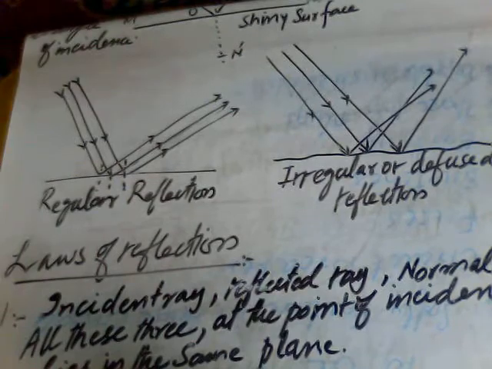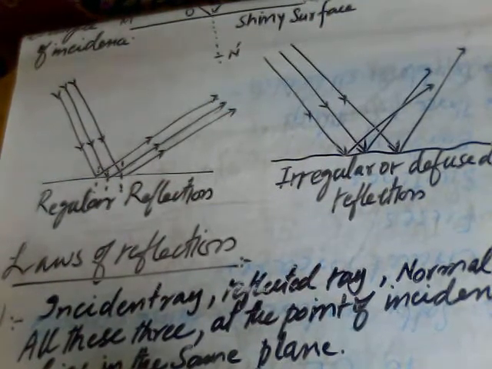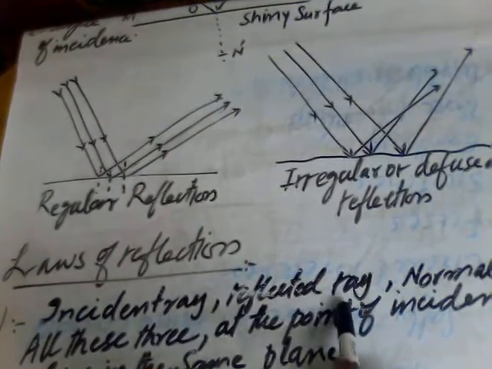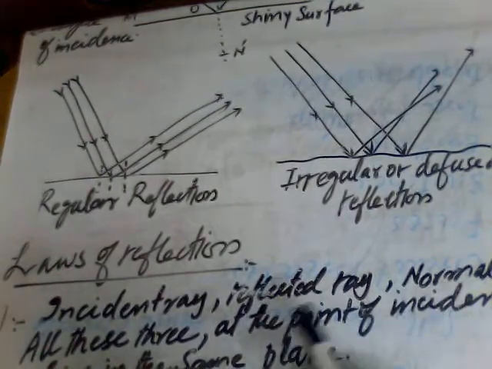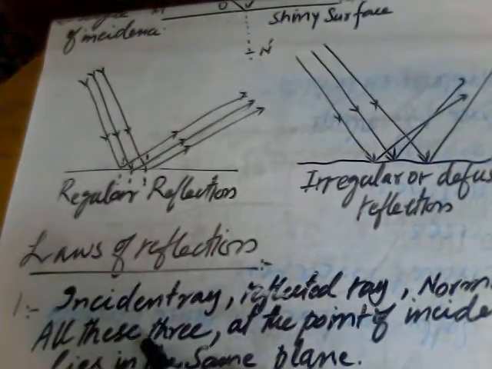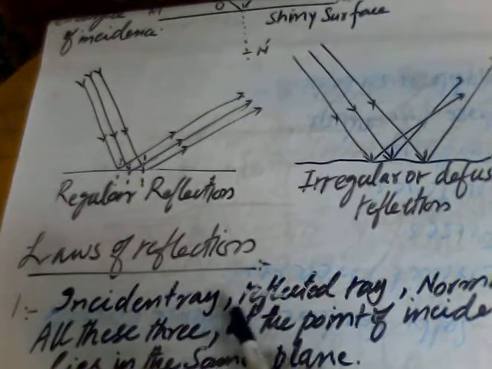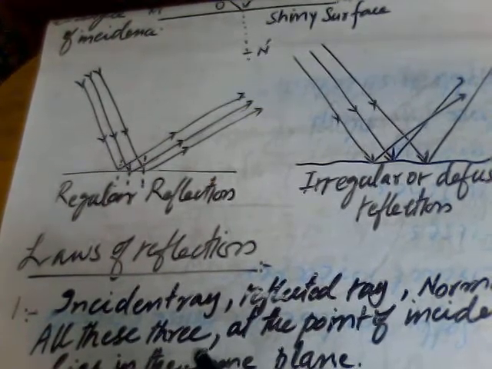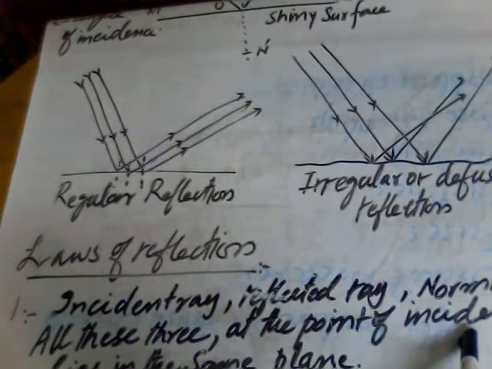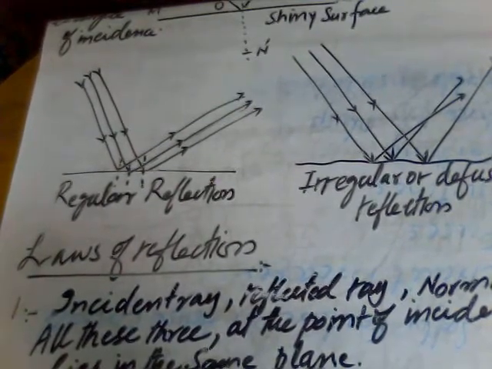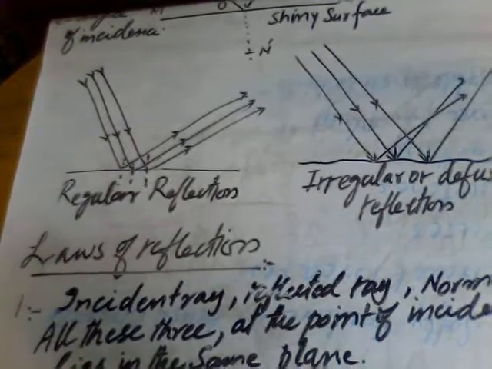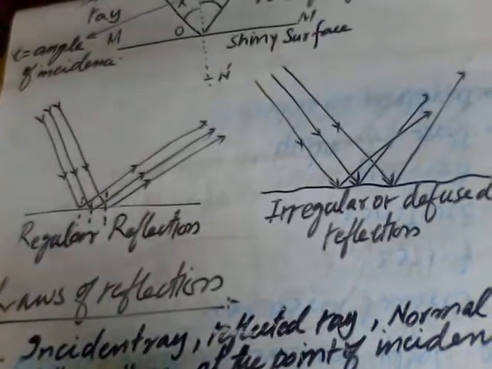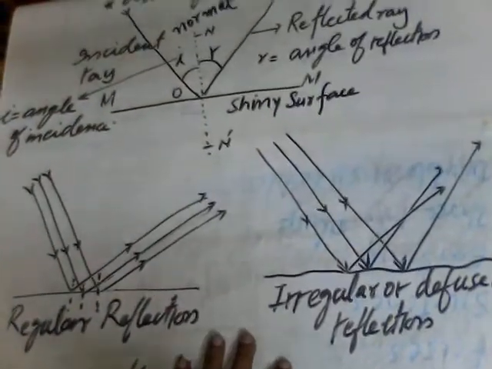If you see the first figure, incident ray, reflected ray, normal, all these three at the point of incidence lie in the same plane. Let's go back to our previous first figure that we studied.